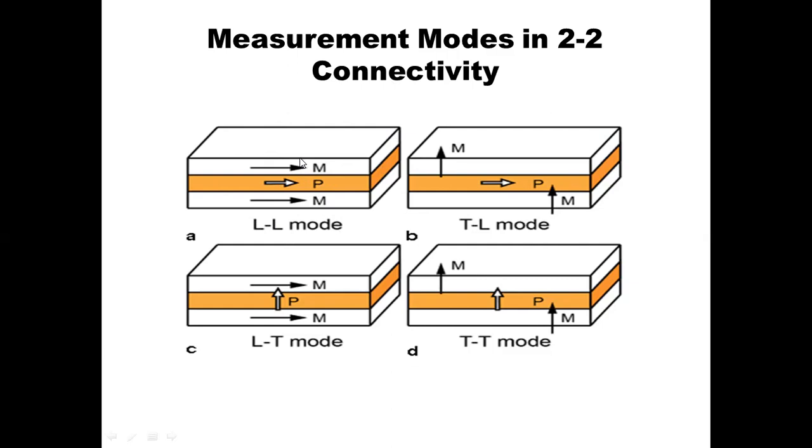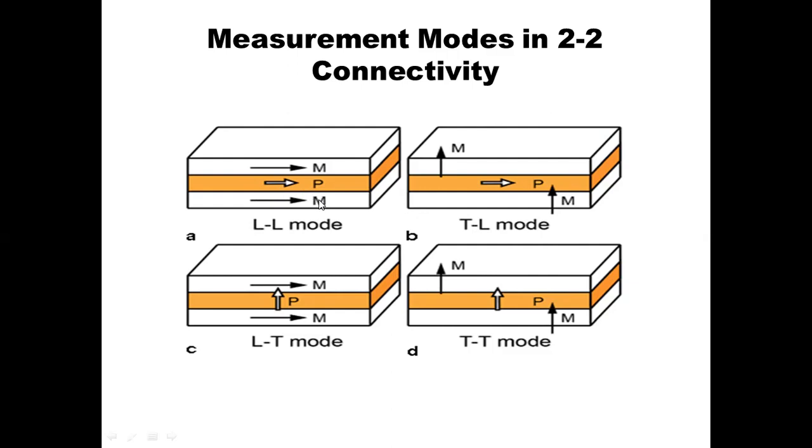In this diagram, you are observing slabs of ferromagnetic material, ferroelectric material, ferromagnetic material. Three layers are there, so the ferroelectric material is sandwiched between the layers of ferromagnetic material.